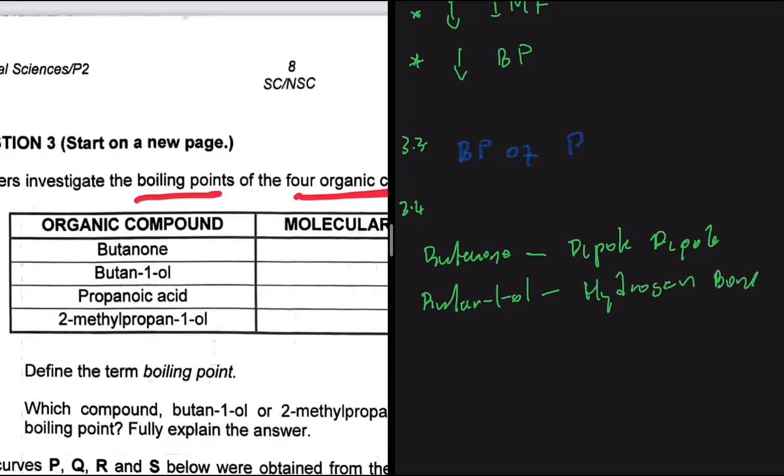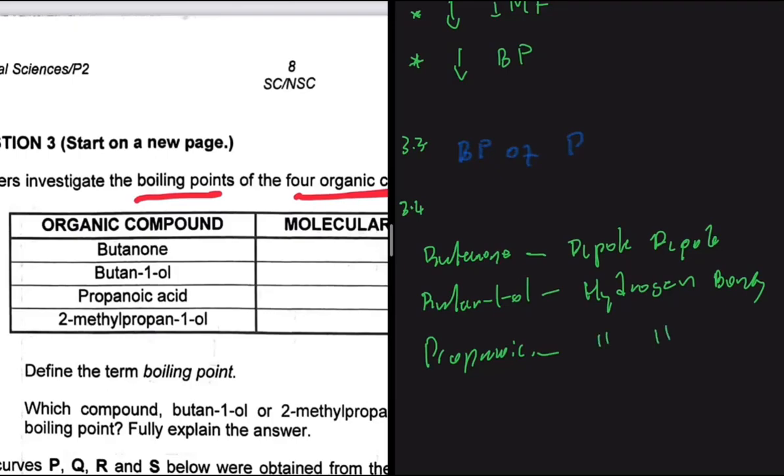So we have hydrogen bonding. And then propanoic acid. What is the intermolecular force in propanoic acid? It is hydrogen bonding, but then it's 2 sides compared to butan-1-ol with only 1 side. So we also have hydrogen bonding here.